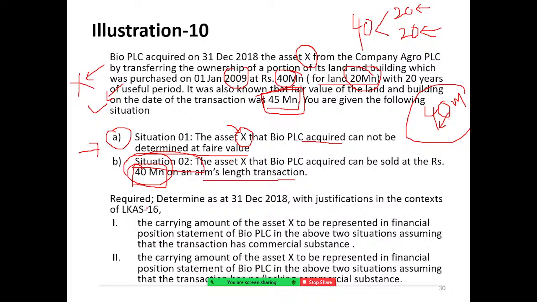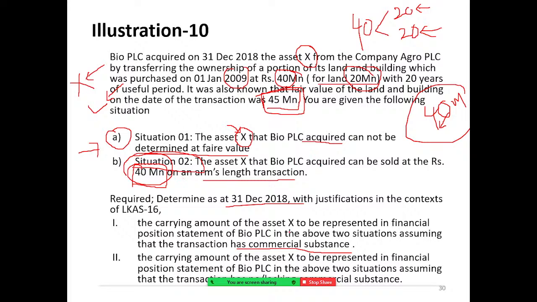Determine, as of 31st December 2018, with justifications in the context of LKAS 16, the carrying amount of asset X to be represented in the financial position statement of Bio PLC in the above two situations, assuming that the transaction has commercial substance.